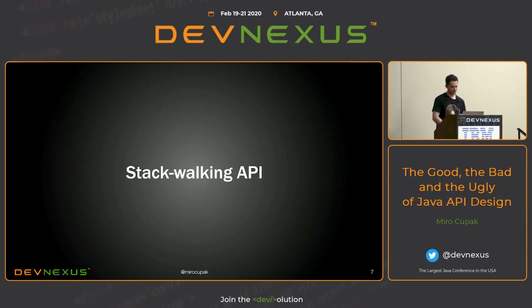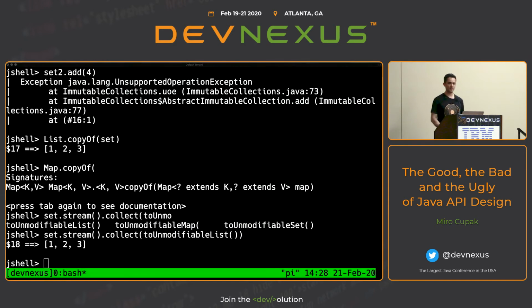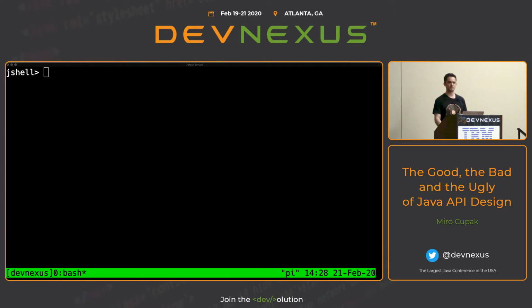StackWalker is an API for easy, lazy, and stream-friendly access to stack traces. Now, before Java 9, what would you use to access a stack trace? Any ideas? Okay, any better ideas directly with the JDK?